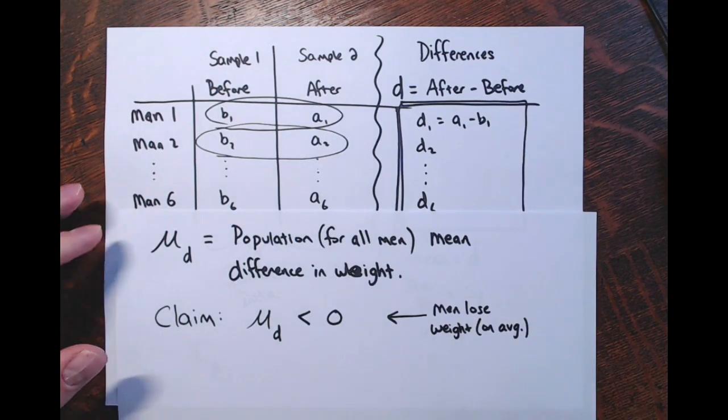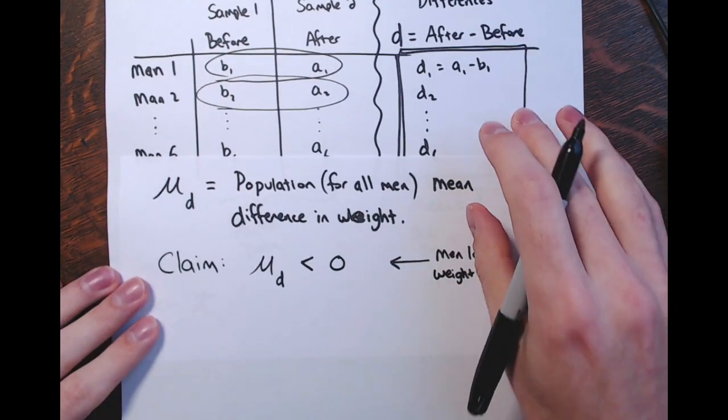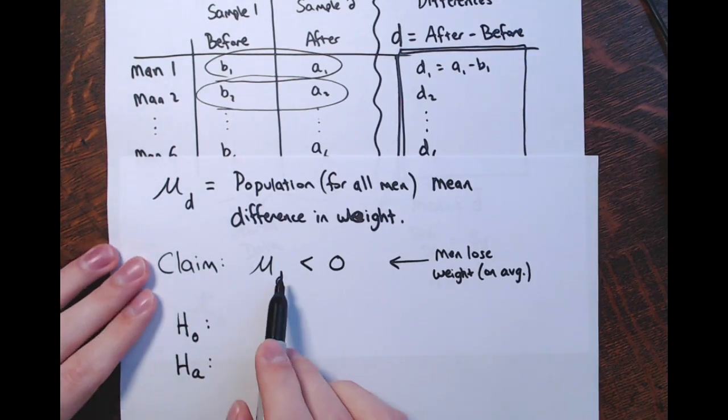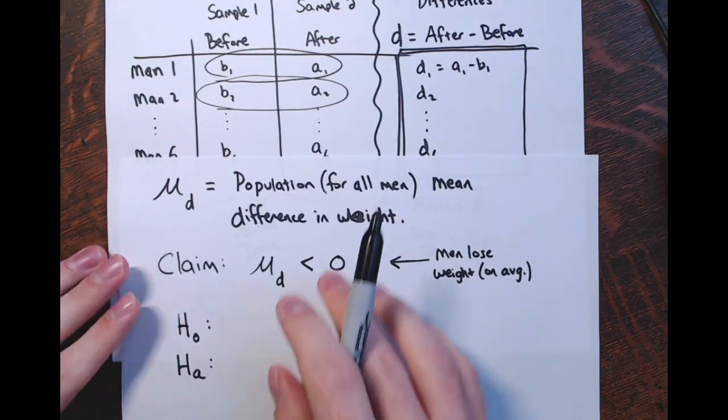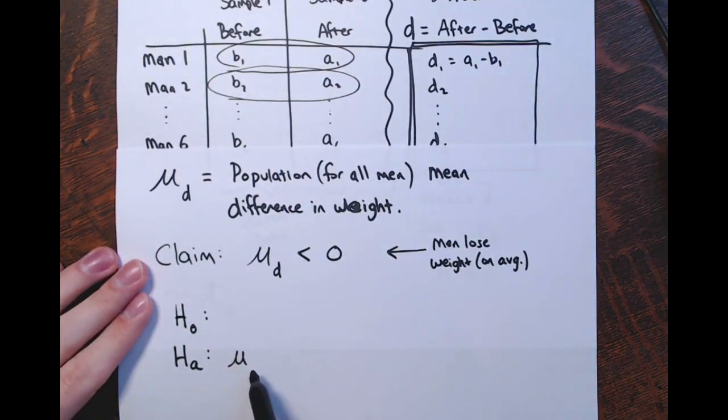So that's the claim being tested. What this research is trying to determine. And then once a claim is established, you set up your hypotheses. Now this does not involve equality, as most of our claims haven't. So that'll be represented by the alternative hypothesis that mu d is less than 0, right?